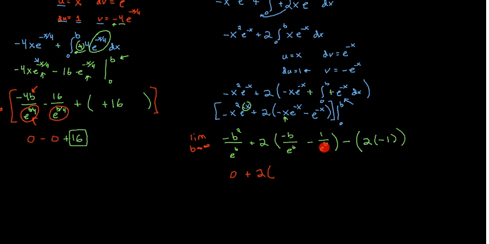This one will also become 0 as b goes to infinity. And over here, 2 times negative 1 is negative 2, but there's another negative, so that becomes plus 2, which equals, that goes away, we're left with 2.